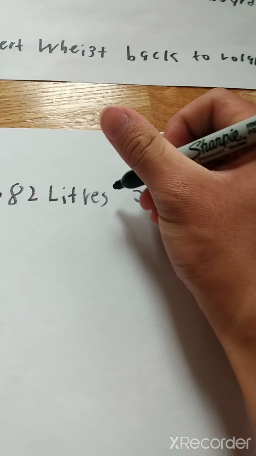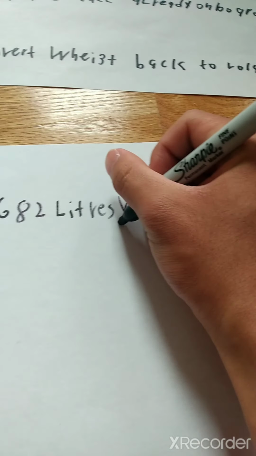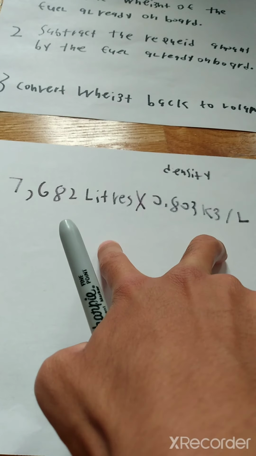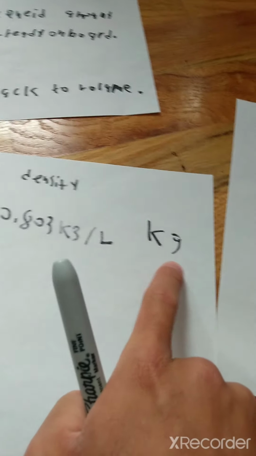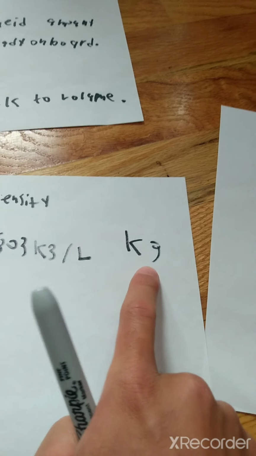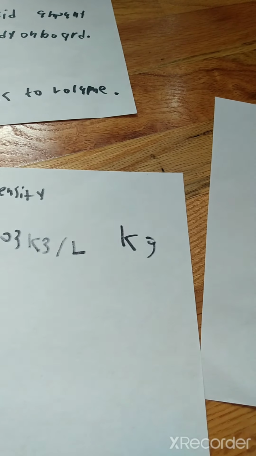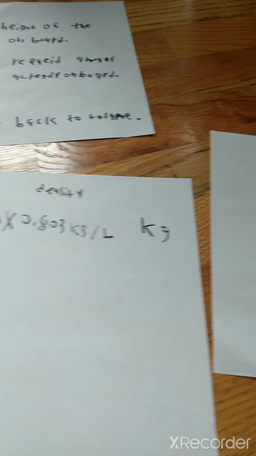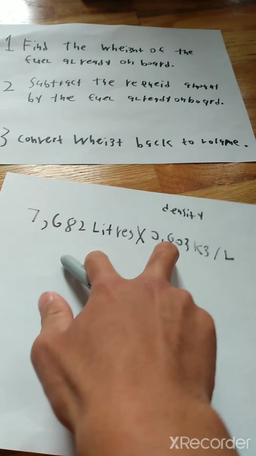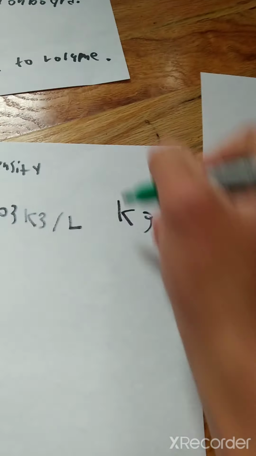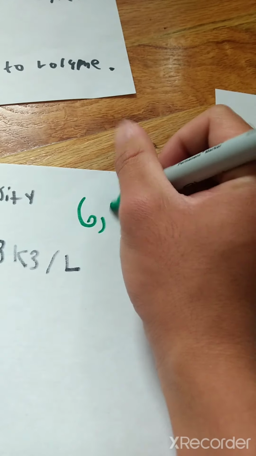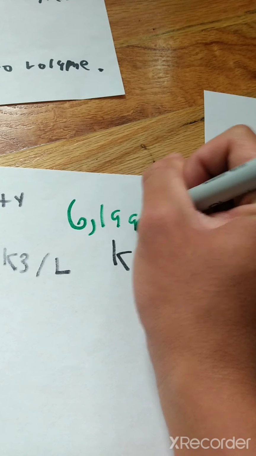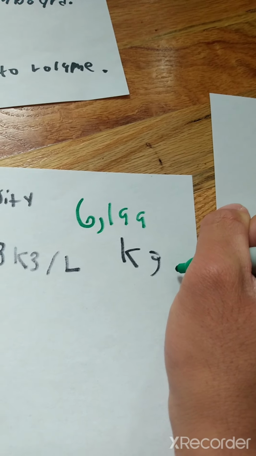Now what we're going to have to do is multiply 7,682 liters by the density. That will bring you to the amount of fuel in kilograms already on board the airplane. When we multiply these two numbers, we're going to get an answer of 6,199 kilograms of fuel.